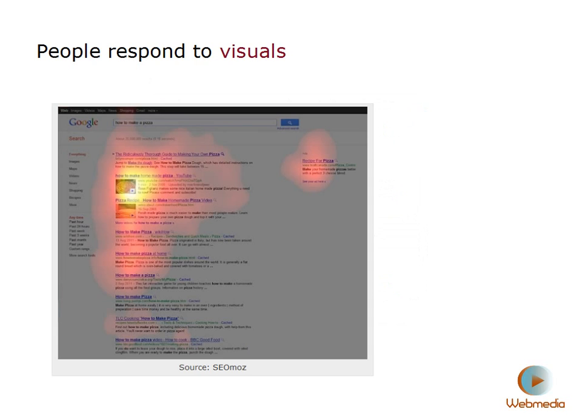And lastly, this is an illustration of again an eye scan, and you can see it's a Google results page, and you can see that all of the eye scans are going very much to these two little thumbnail pictures that, even though they're small, stand out very much on the page and draw the attention.